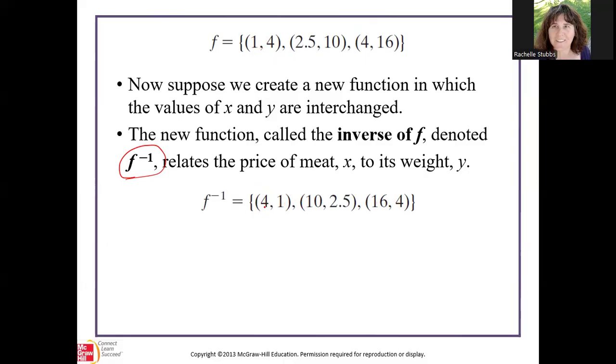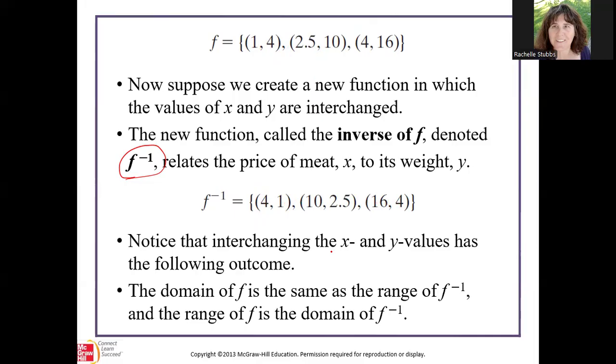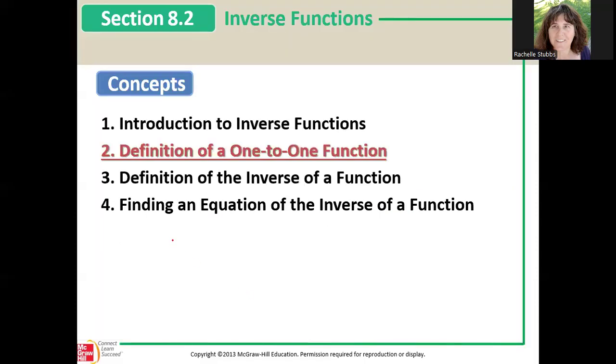Here the inverse just switches the x and y values. The domain of f is the same as the range of f inverse, and the range of f is the domain of f inverse.